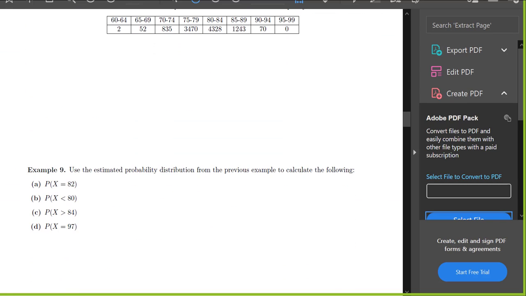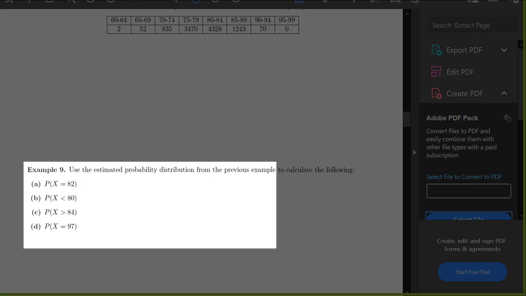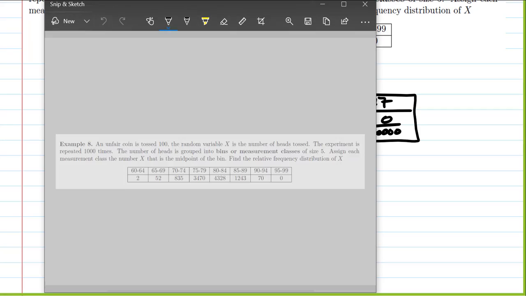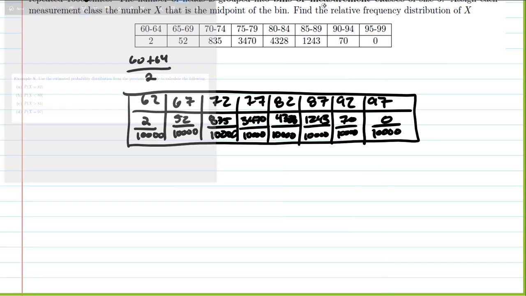All right. So, example 9, we want to use an estimated probability distribution from the previous example to calculate these values.